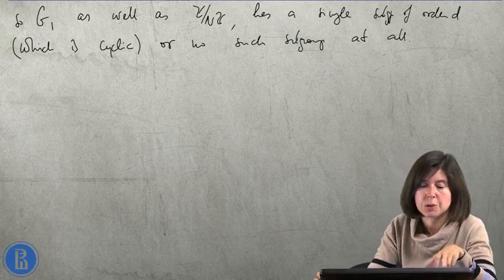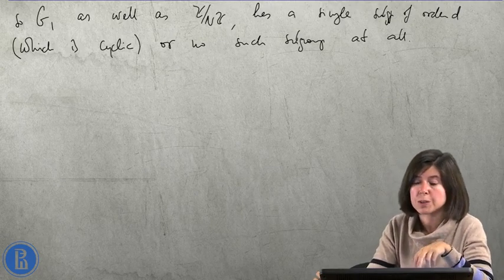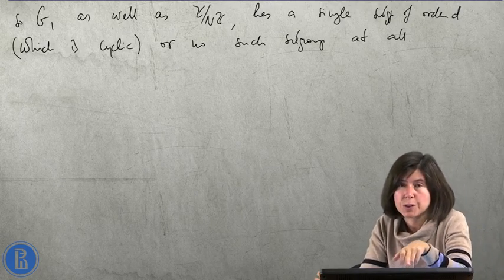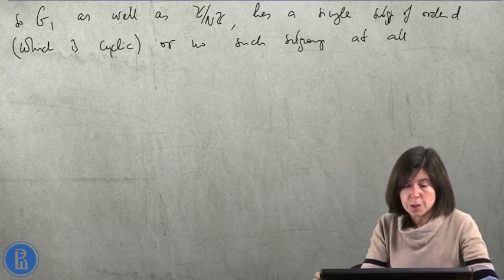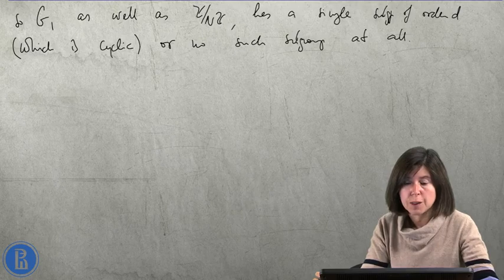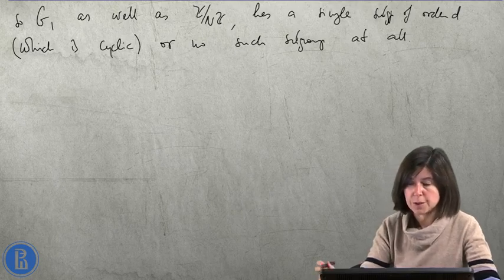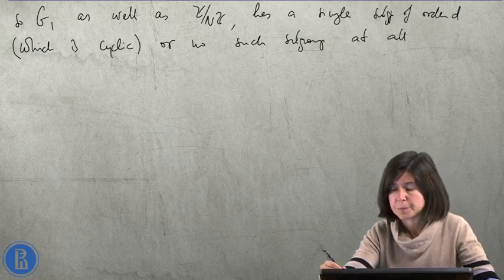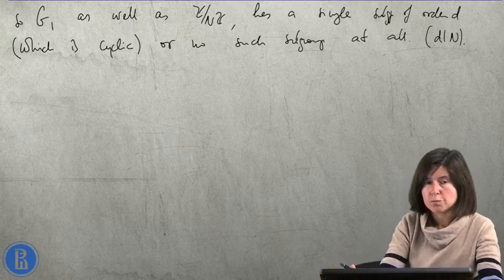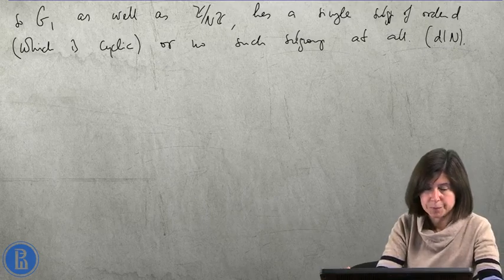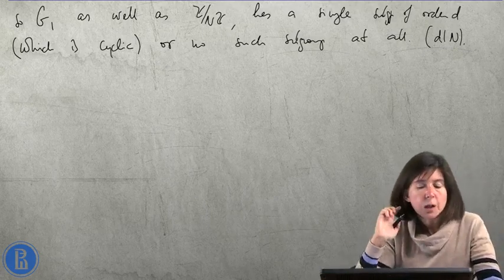So this is a comparison between G and Z modulo nZ. But the difference is, of course, that Z modulo nZ has such a subgroup for any d dividing n, and G not necessarily, a priori.